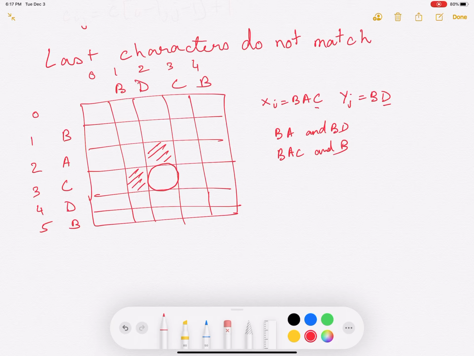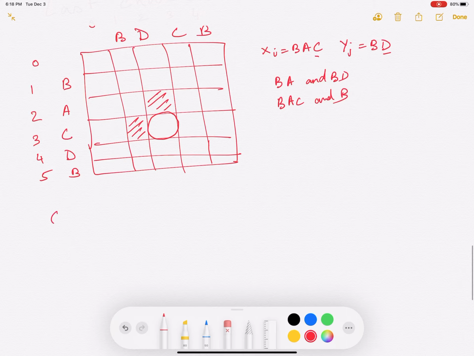So when you're trying to fill this, we already know that these blocks have been filled. Either look here or here. The Cij that we are trying to fill will be the max of C of I minus 1, j or C of I, j minus 1.